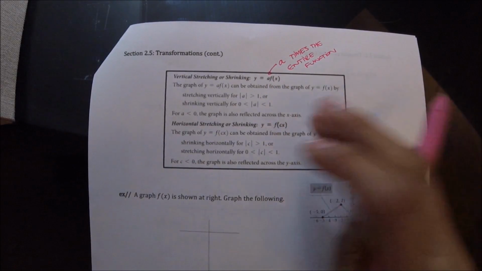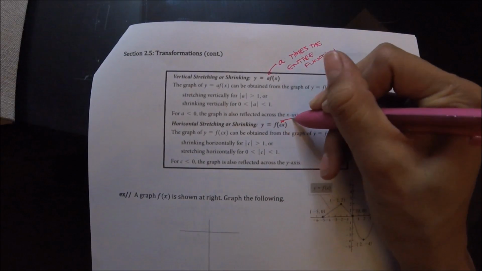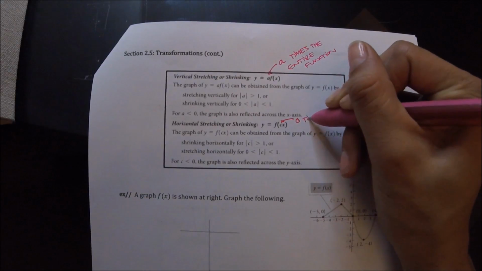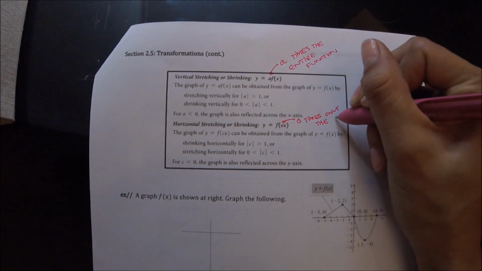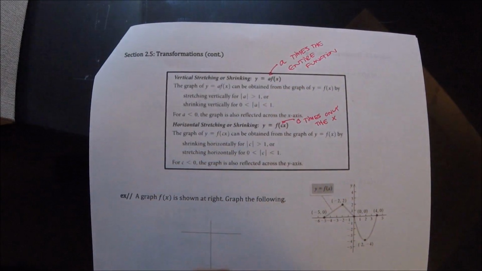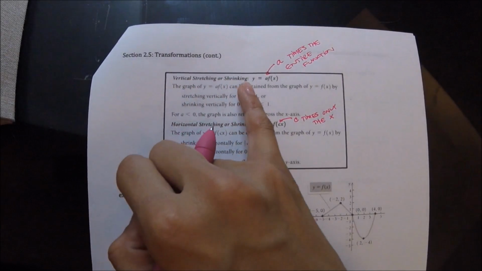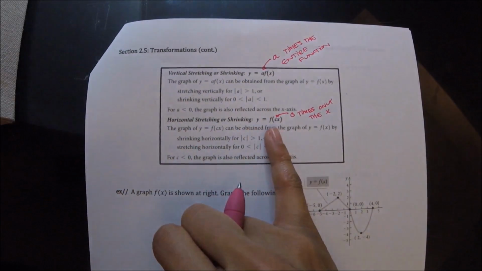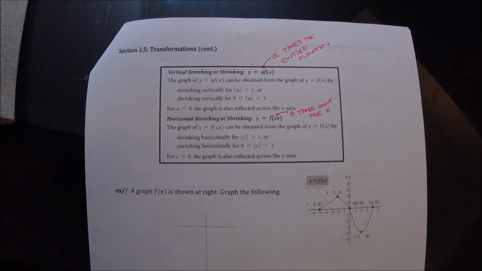It's being multiplied to only the x. So down here it's c times only the x. So if you have a number and it's being multiplied to the entire function, that's when you have a vertical stretch or shrink. And if you have a number times just the x, then that's going to be a horizontal stretch or shrink.